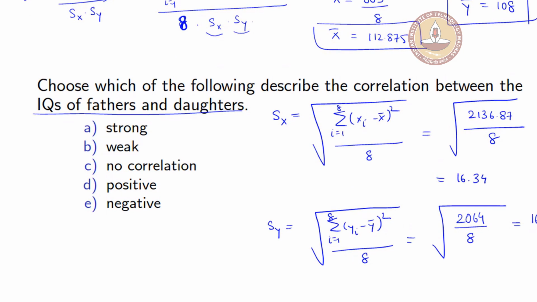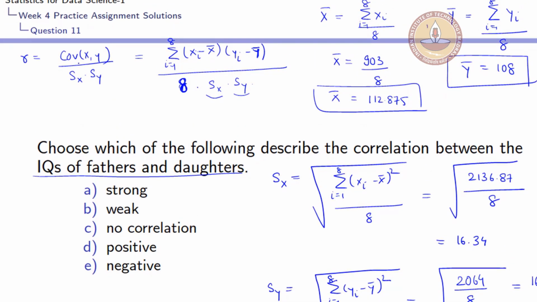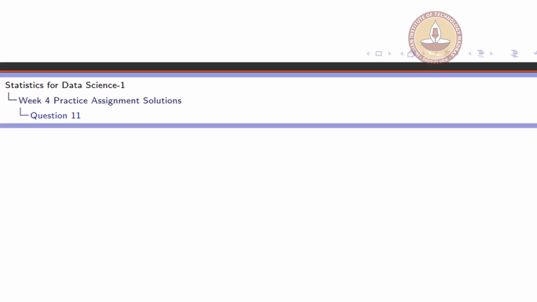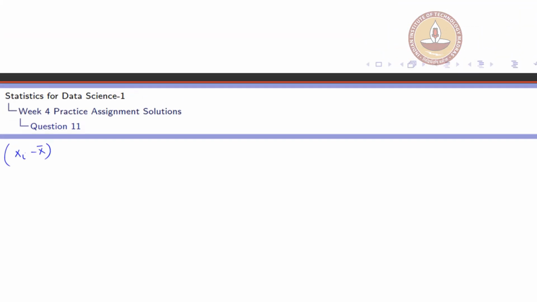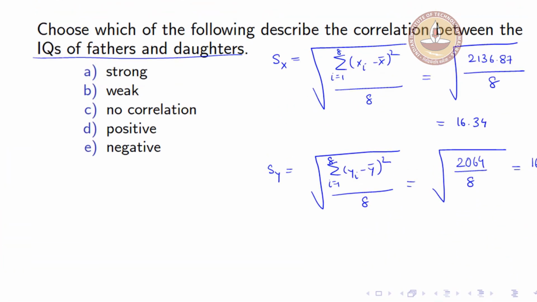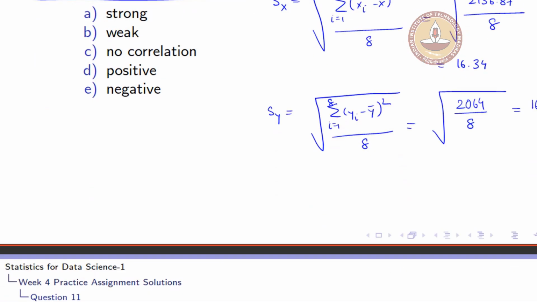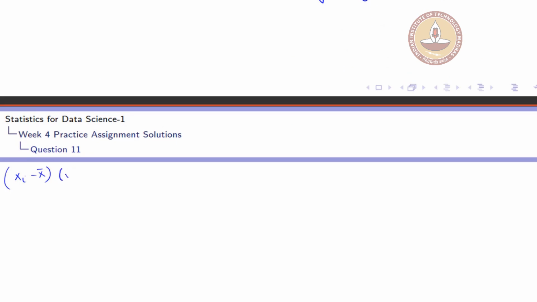Now we need to find the covariance of xy in order to calculate the correlation coefficient. So let's make the table quickly.